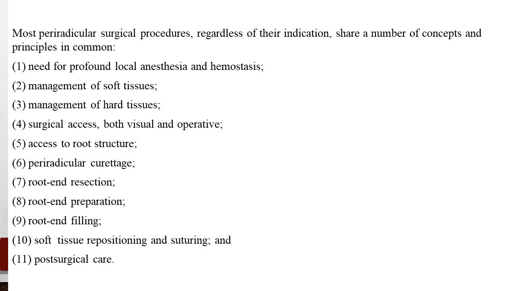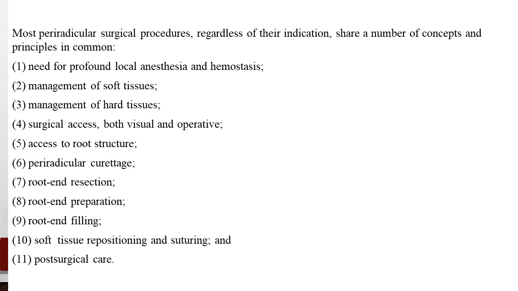Management of soft and hard tissues has to be done. That means you have to give your soft tissue incisions, you have to drill through the hard tissues to reach the surgical site. You have to gain surgical access, both visual and operative. So you should be able to see what you're doing, and your operative instrument should be able to enter into the area. So you have to have sufficient surgical access.